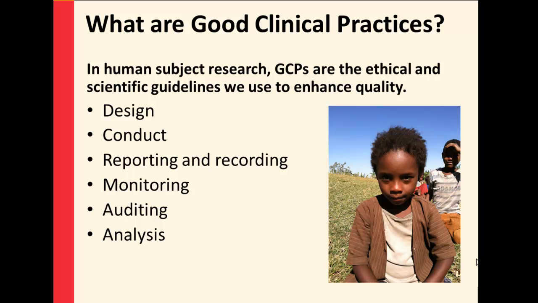That includes as you're designing your studies, and it shouldn't just be our sponsors who are designing the studies. Investigators, coordinators, and other people who are involved in research should be helping in that design, or at least have some hand before it's approved to try to make sure that the design meets the good clinical practice guidelines.